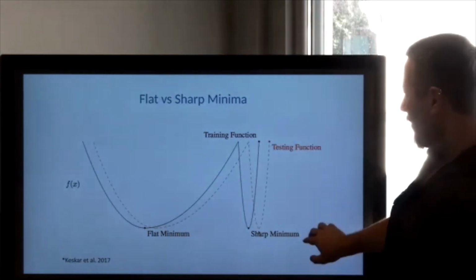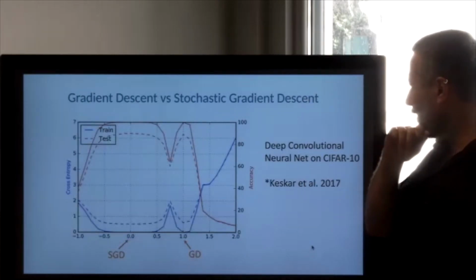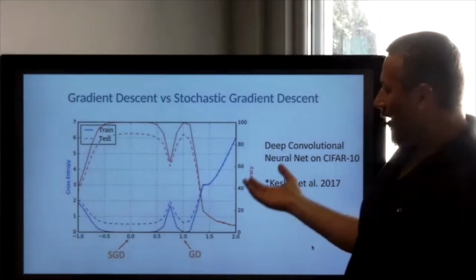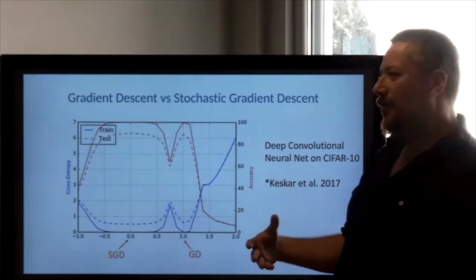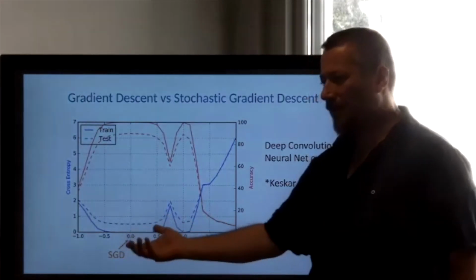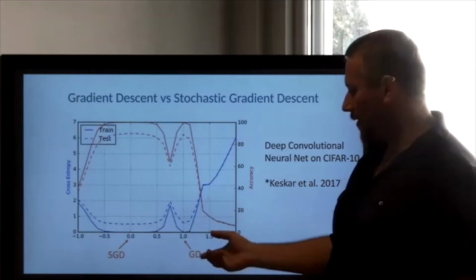And experimentally, in this paper, Keskar et al. in 2017, this is what they do in this work. They use SGD, stochastic gradient descent, to find the minima. And then they use gradient descent to find the minima.